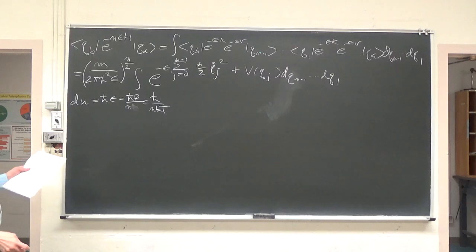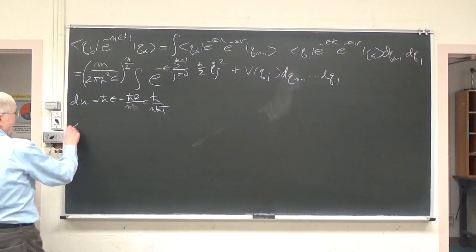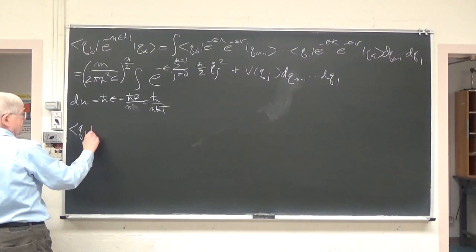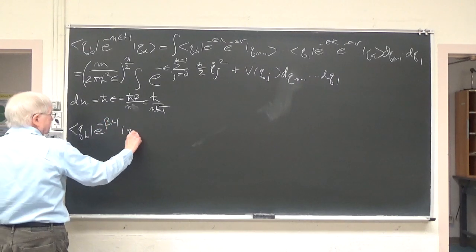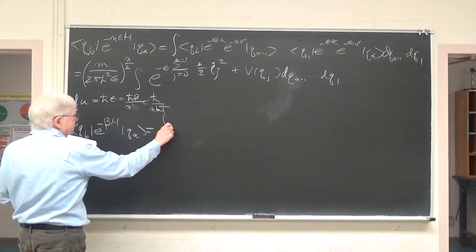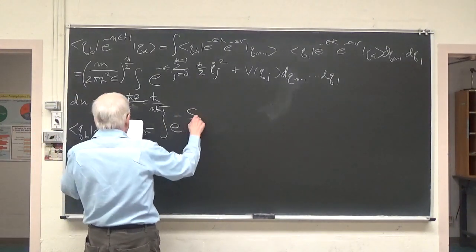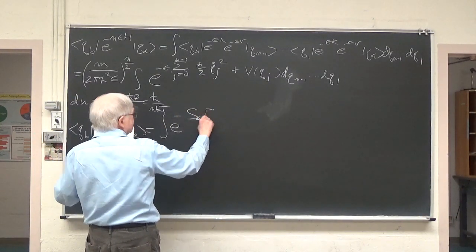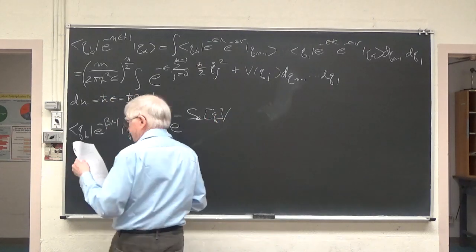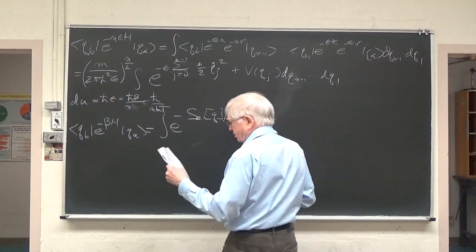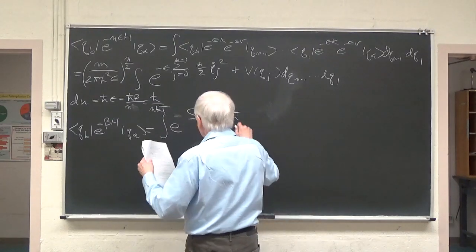Taking the limit then, n goes to infinity, what we have is qb e to the minus beta h qa is then an integral e to the minus what's written as s sub e for Euclidean. It should be, I guess, s sub b for Boltzmann. Anyway, over h bar.